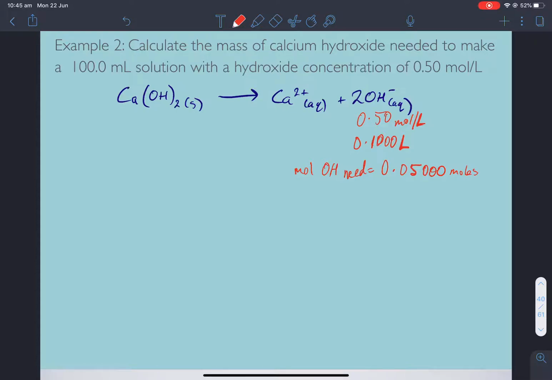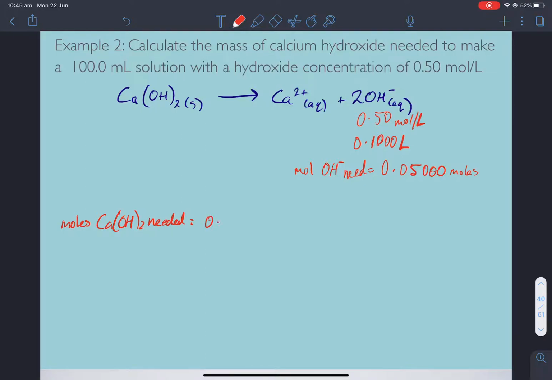Okay, so if I need that number of moles of the hydroxide, how many moles of calcium hydroxide do I want to give me that concentration of hydroxide? So our moles of calcium hydroxide needed is going to equal the moles of hydroxide. Oh, I haven't put the number first, have I?